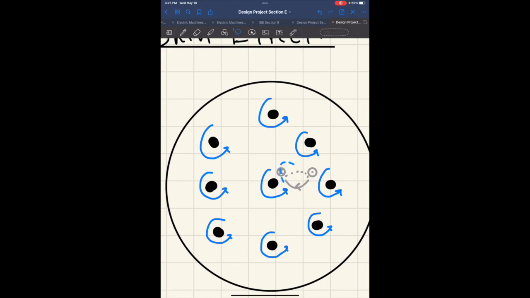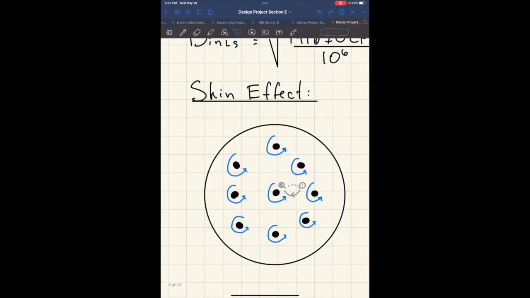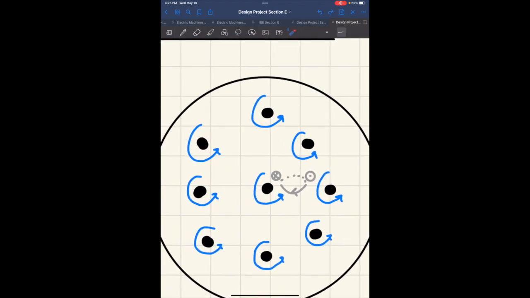If you want, I could just copy it and show you. It's going to happen everywhere. It's going to happen here. It's going to happen here. Everywhere, really. Let's not crowd up the picture, though. So overall, notice what happens.